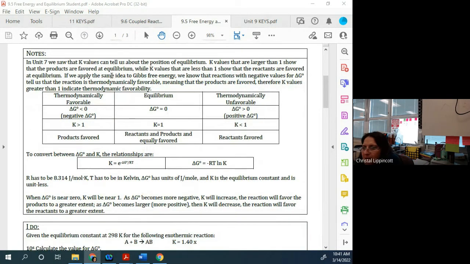If we apply the same idea to free energy, reactions with a negative value for delta G are thermodynamically favorable, which means the products are favored. Therefore, K values greater than 1 indicate thermodynamic favorability. That's the big takeaway: K values greater than 1 indicate thermodynamic favorability.